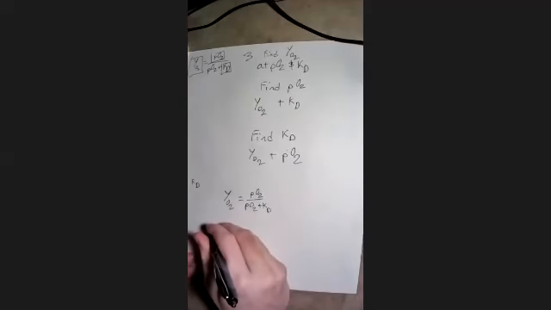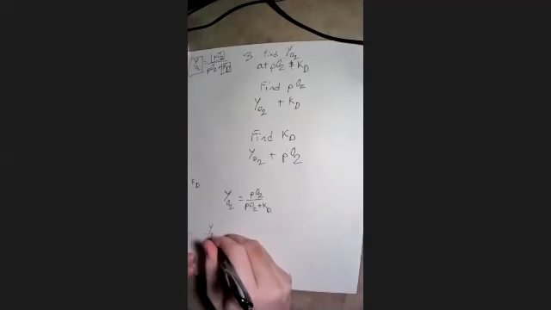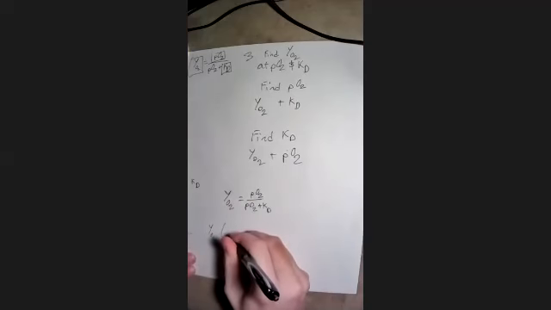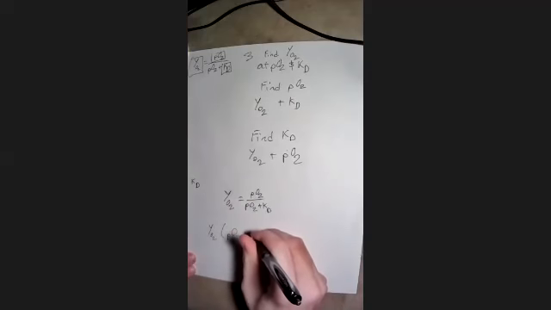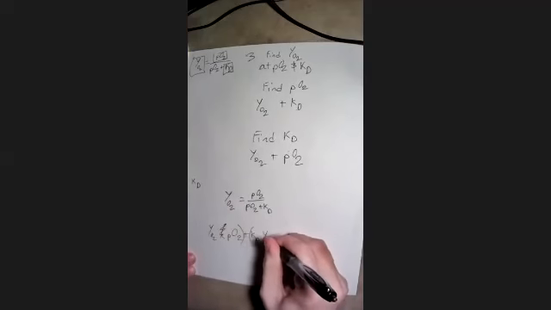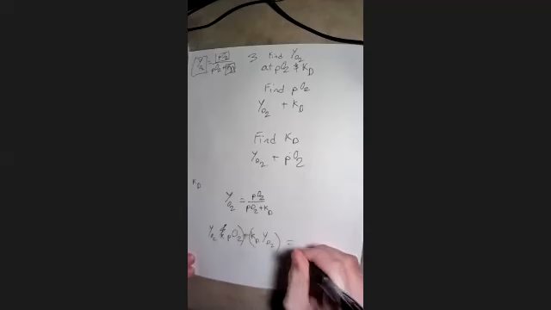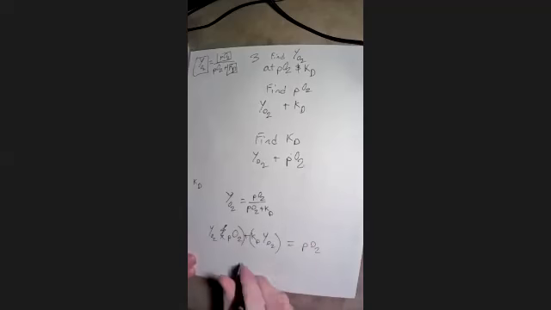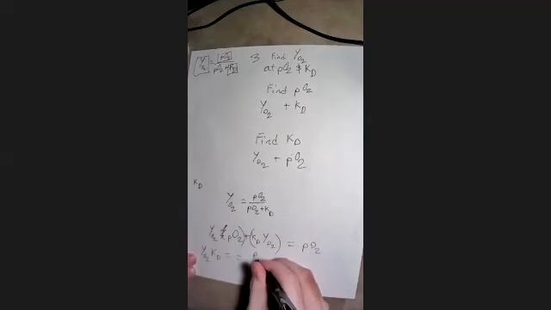We multiply both sides by the bottom here, so we get YO2 times PO2 plus KD, that KD times YO2 is equal to PO2, right?